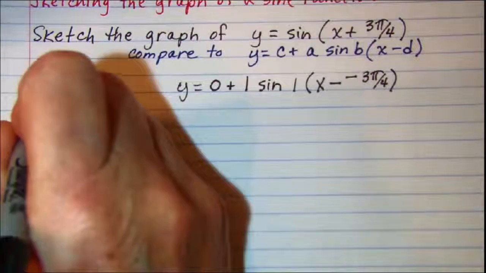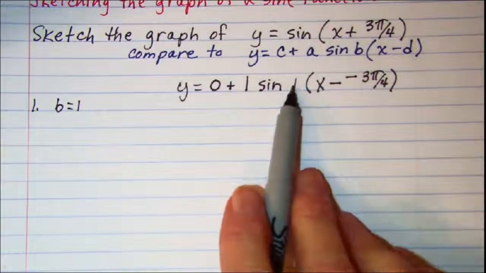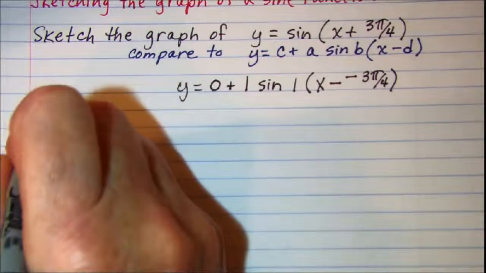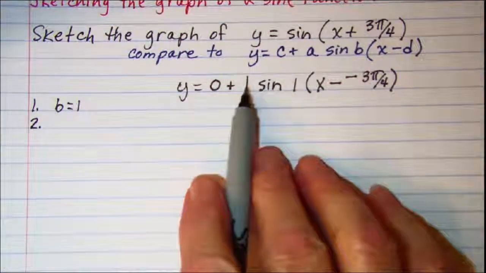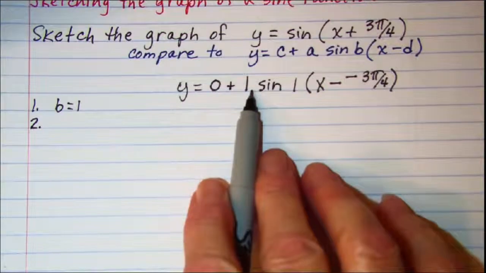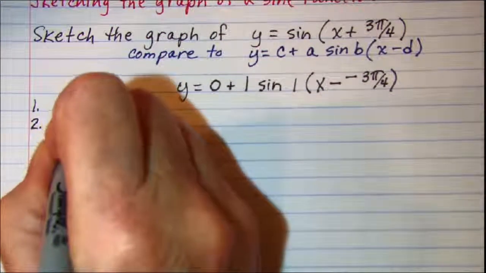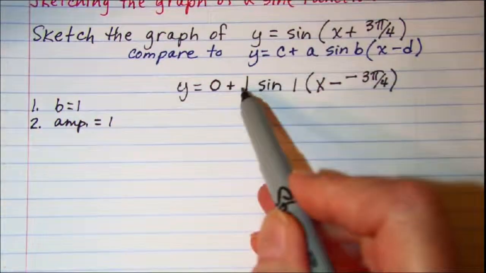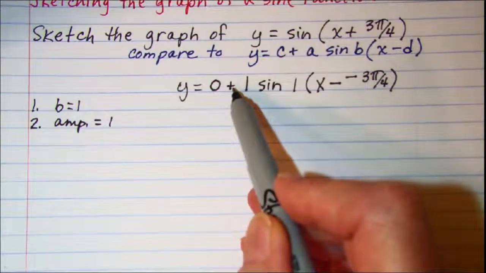So my first step is to show that b is equal to 1. That's given right here. And then my next step is to find the amplitude. My amplitude is the coefficient of the sine here, and it's 1. So my amplitude is 1, and it's a positive, so I'll be starting at the center line and going up.